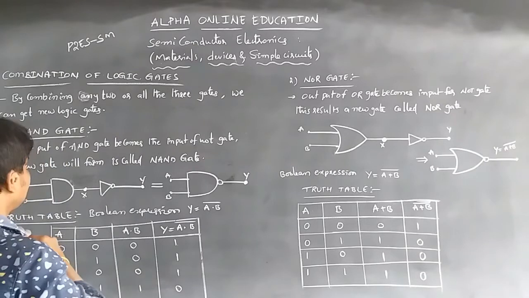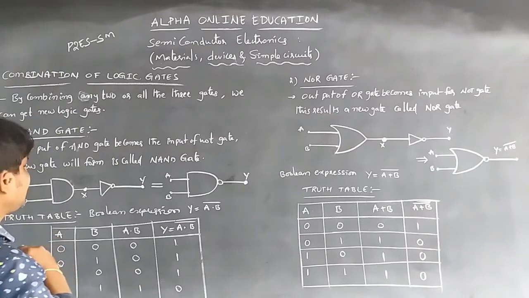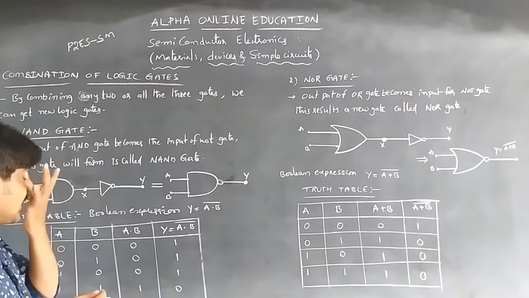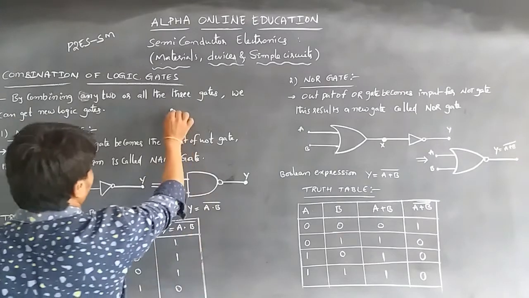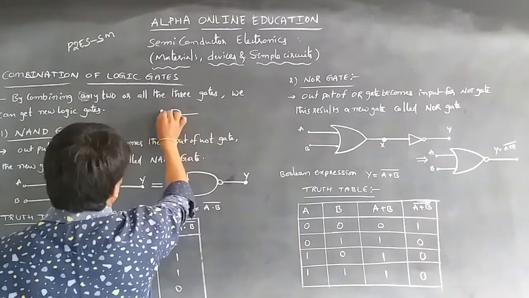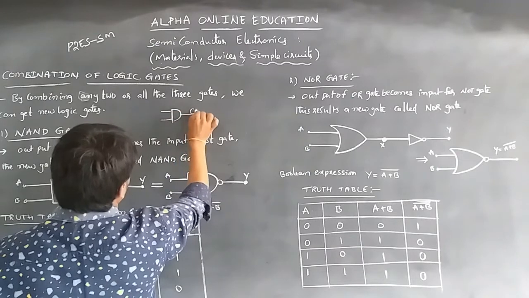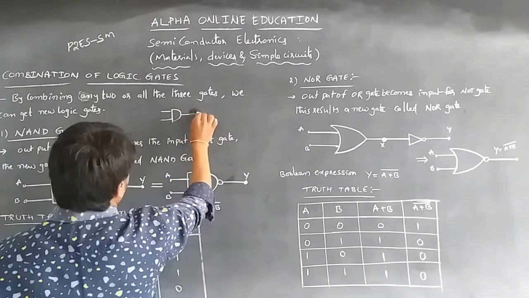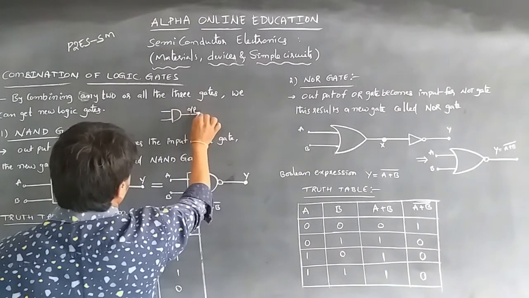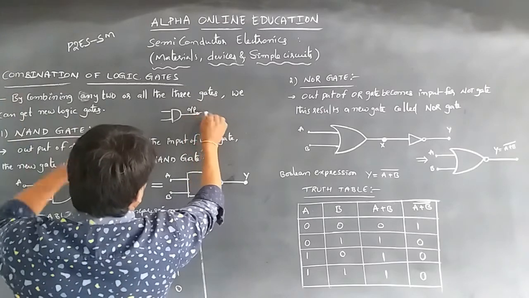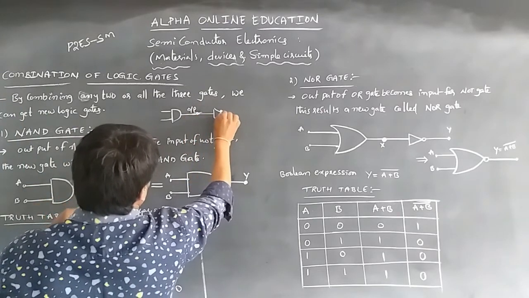First of all, we are going to learn the NAND gate. The NAND gate is formed when the output of the AND gate is connected to the input of the NOT gate.